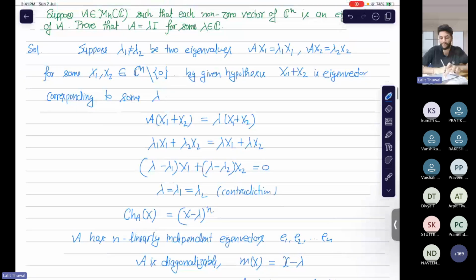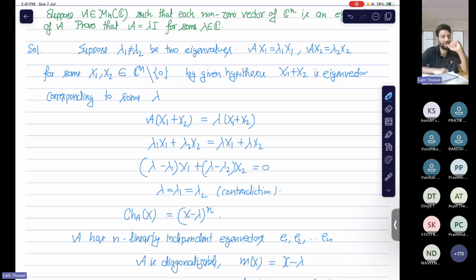Okay. So you have learned three things in diagonalizability. A transformation is diagonalizable if and only if it has n linearly independent eigenvectors; and if and only if the minimal polynomial splits into distinct linear factors.